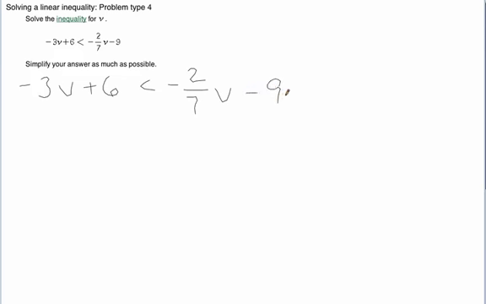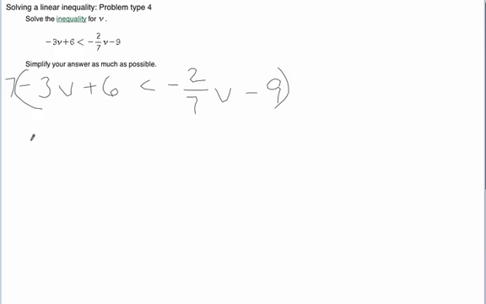Okay, here's another example. We've got negative 3v plus 6 is less than negative 2/7 v minus 9. So again, let's multiply this entire thing by the denominator, 7.